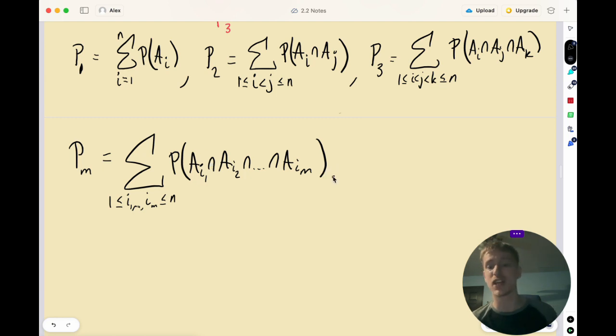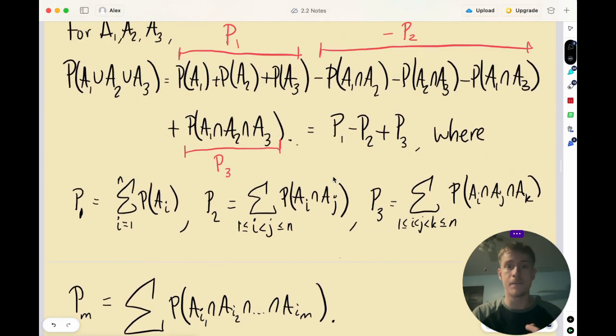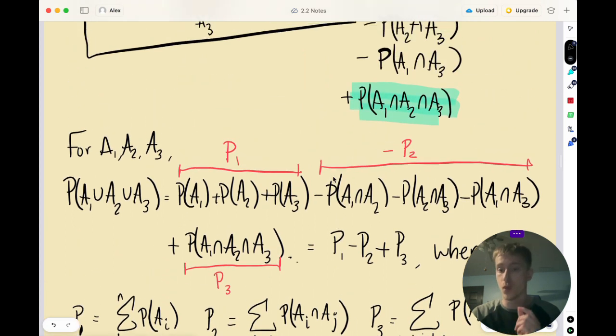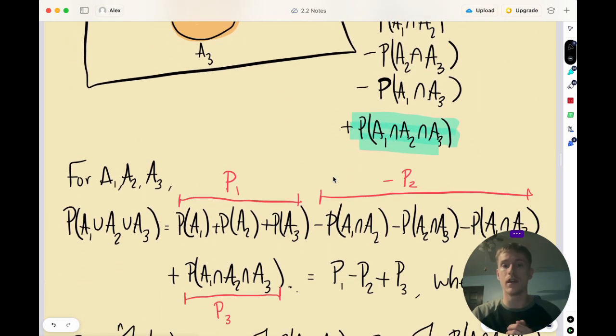Okay, so I know that sounds like overkill, right? You feel like this is ridiculous, but trust me, this is going to make the final formula look a lot better. Because what if it's more than 3 events that we're talking about? I very well don't want to have to draw a Venn diagram and figure that out. It's very, very complicated.